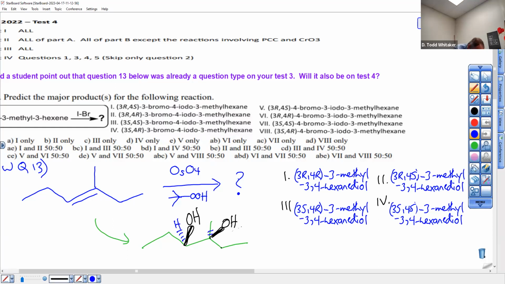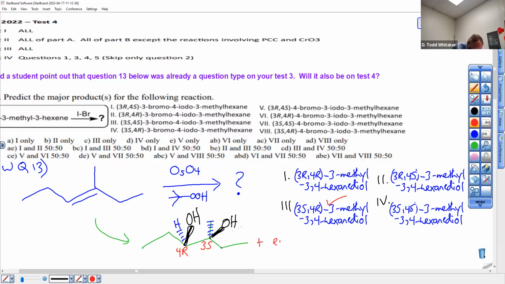And if I'm smart, I put the methyl on a dash because it's number 4, right? And this ends up being 4R and 3S. Okay, 3S, 4R, 3S, 4R, check.